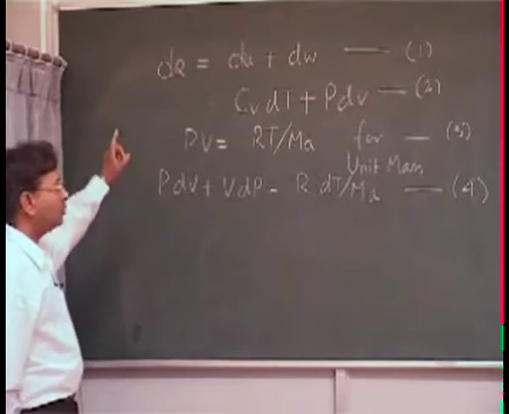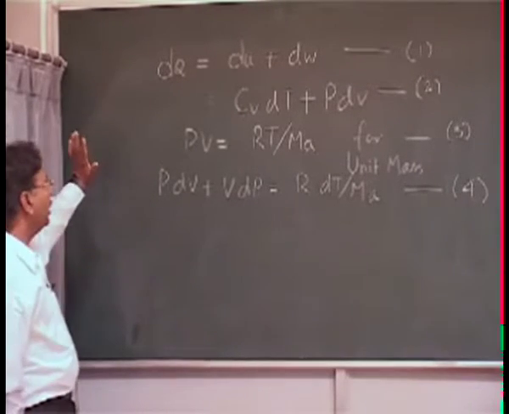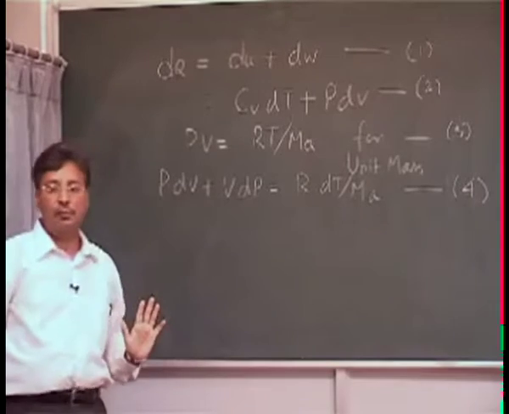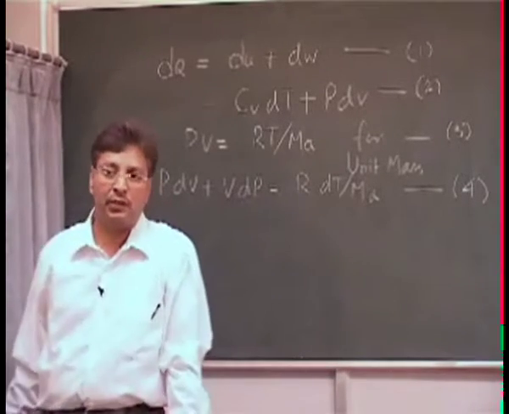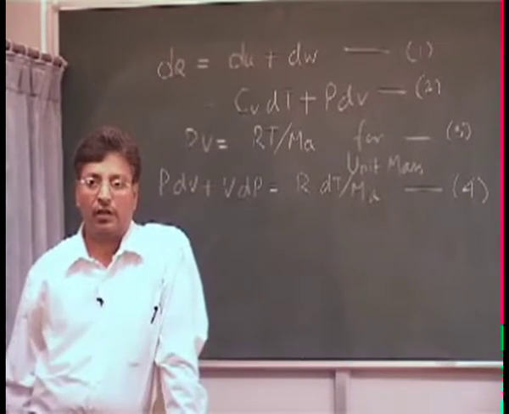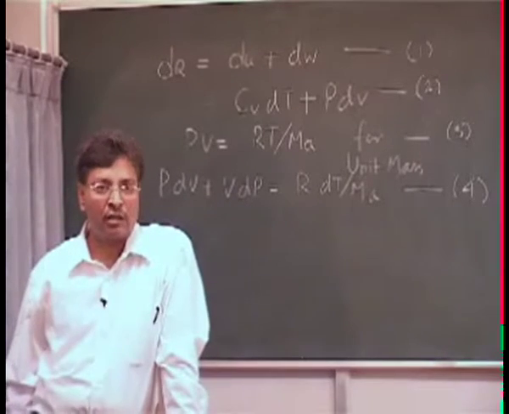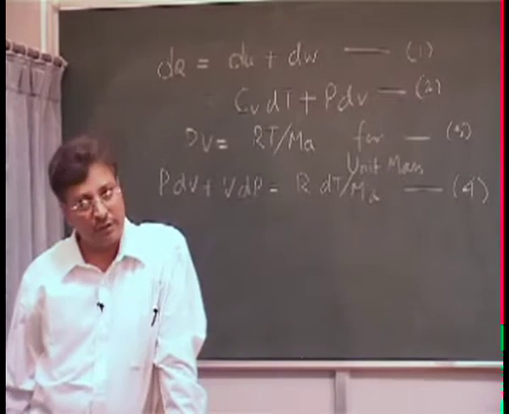I want to go back to equation 2, and I can put dQ equal to 0 for the adiabatic process. What is dQ? 0. Fine.